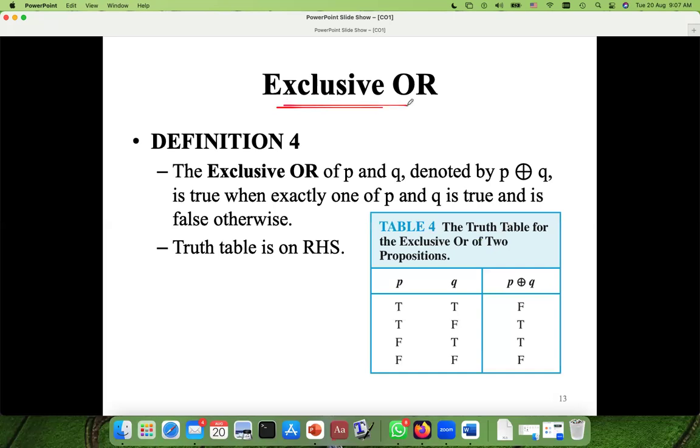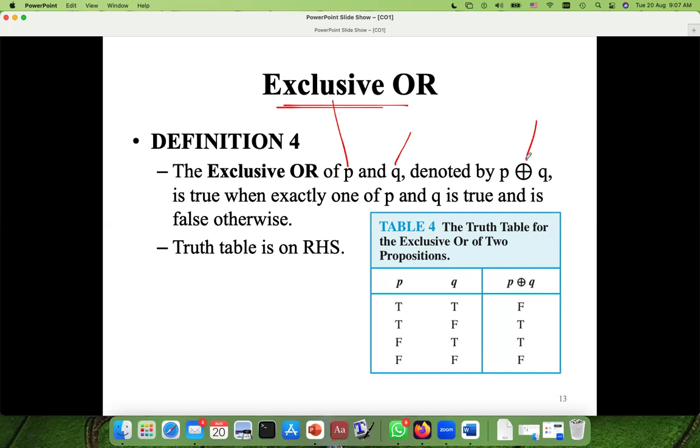So exclusive or between two propositions P and Q: we represent it with a symbol, a circle with a cross inside.